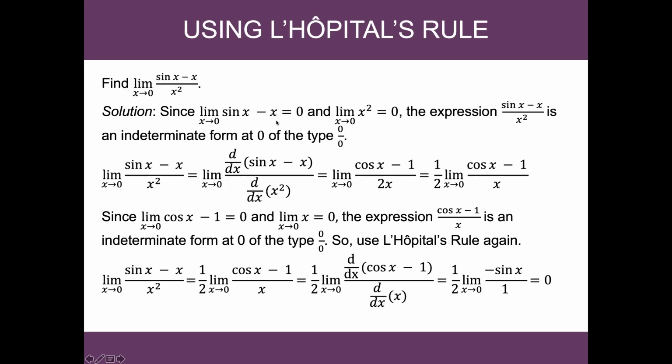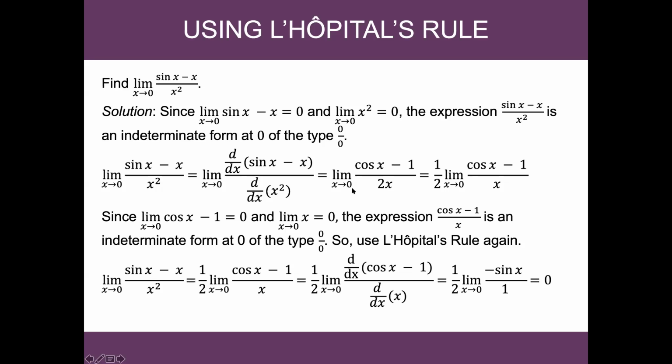So we take the derivative of the top: the derivative of sine is cos, and the derivative of minus x is minus 1. And the derivative of the x squared is 2x on the bottom.